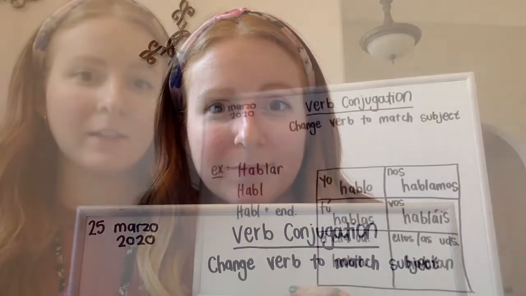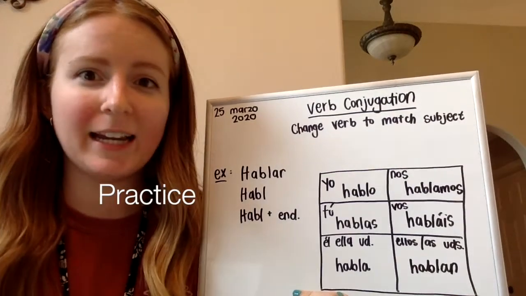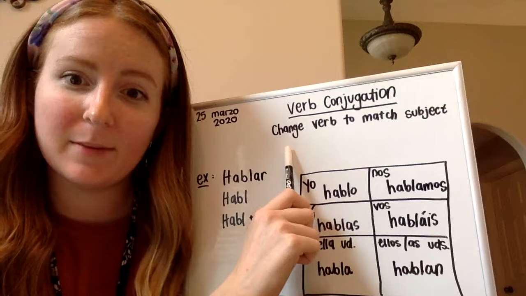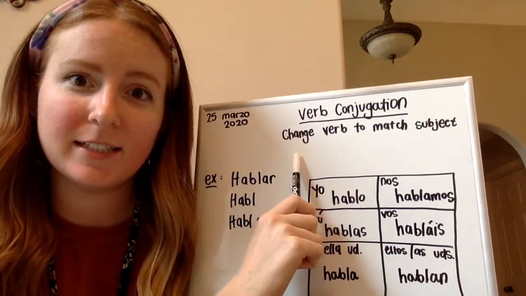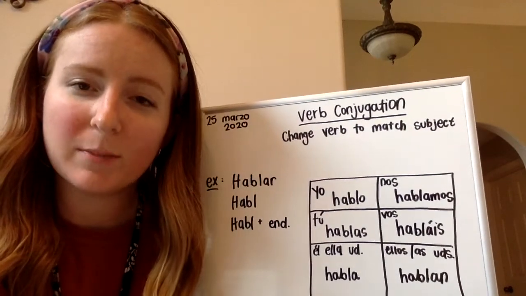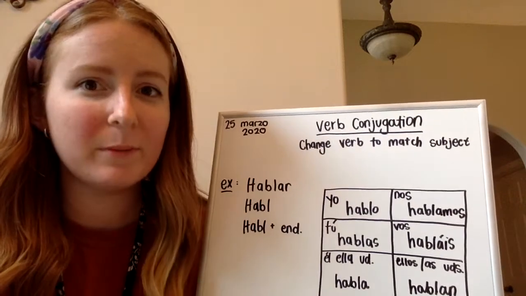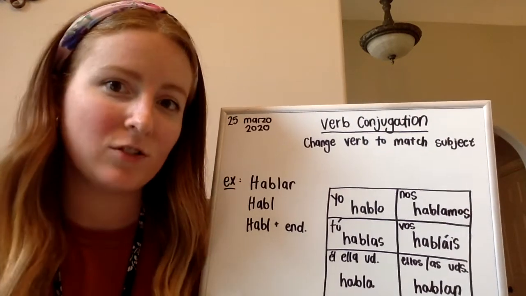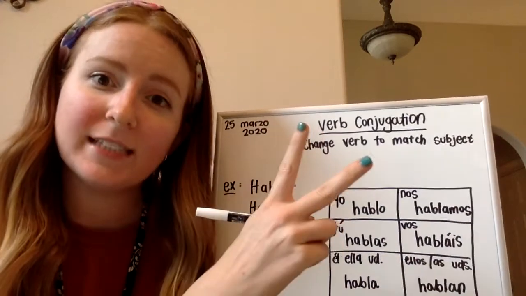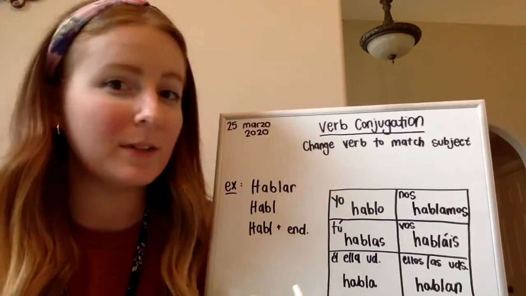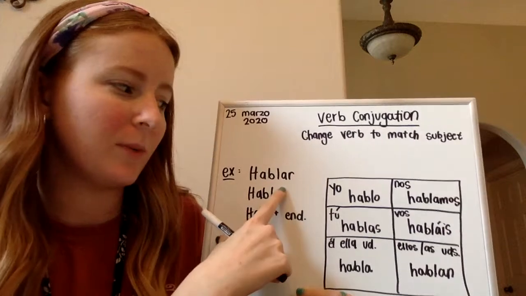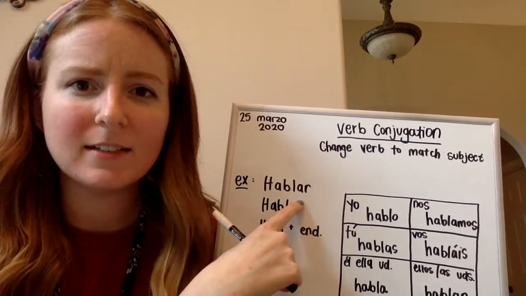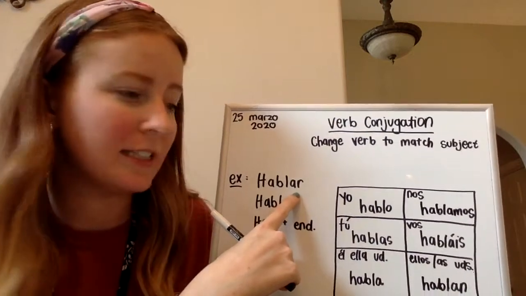We need to remember that conjugate is just a fancy word for change the verb to match the subject of the sentence. You just reviewed subject pronouns and verb endings, so you remember that every subject pronoun has its own verb ending to match. There are two steps when conjugating a verb we must always take. The first one is to remove the infinitive ending, which just means the last two letters of the verb, which in this case is AR.